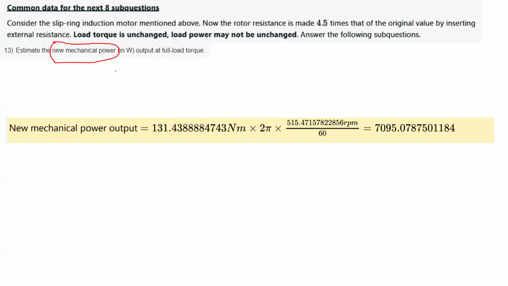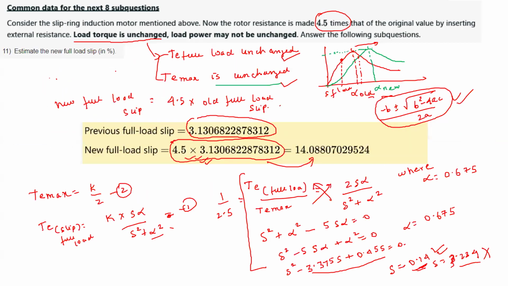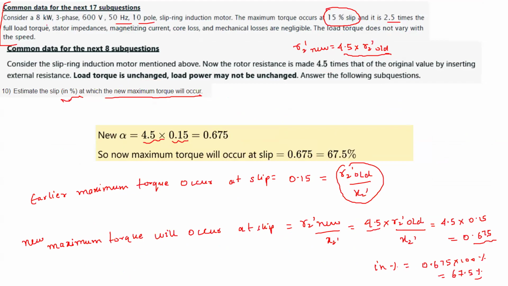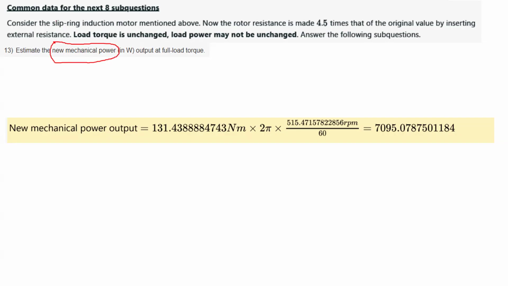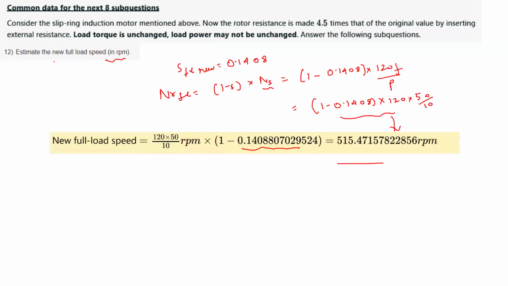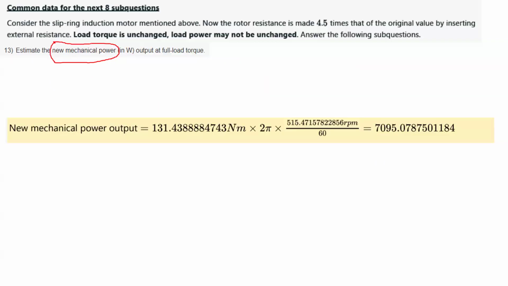So you clearly know that the mechanical output power will no longer be 8 kilowatt. It will be something different. So let us see what it will be. It should be equal to, because you see the load torque is unchanged. Load torque is unchanged means your full load torque is unchanged.